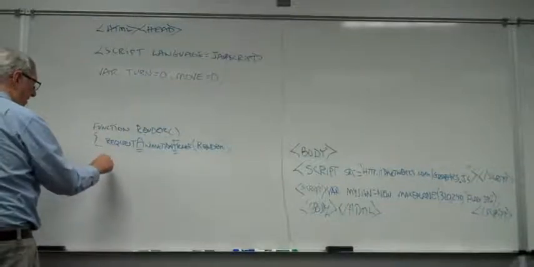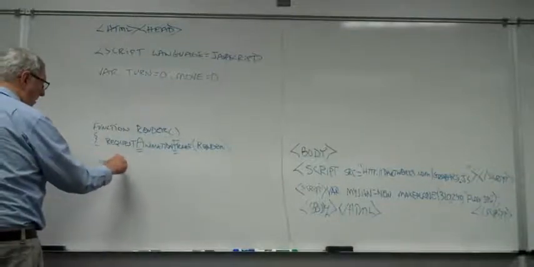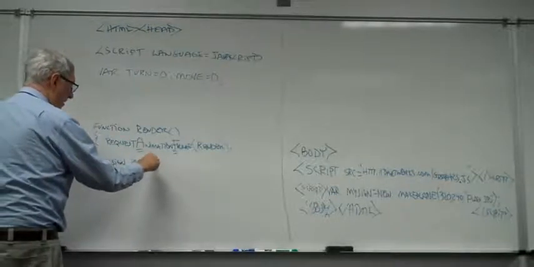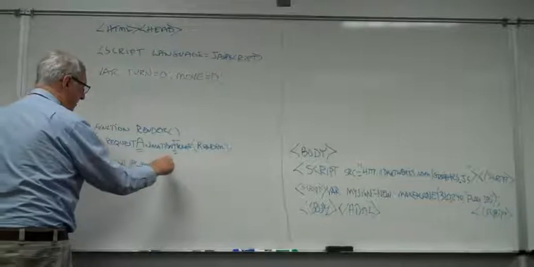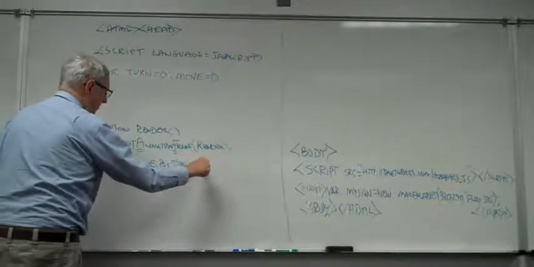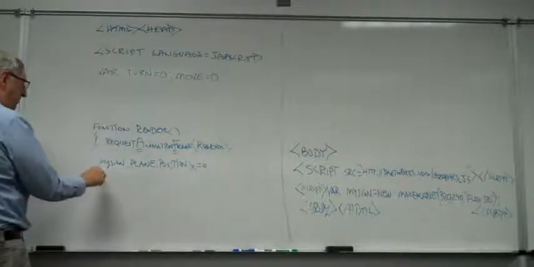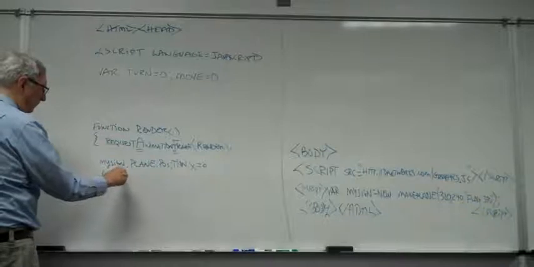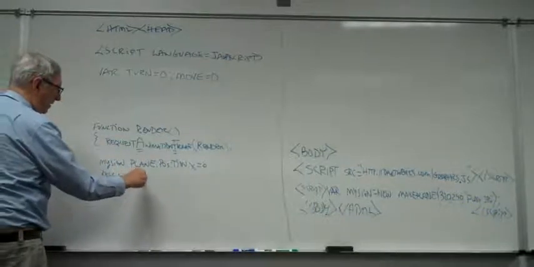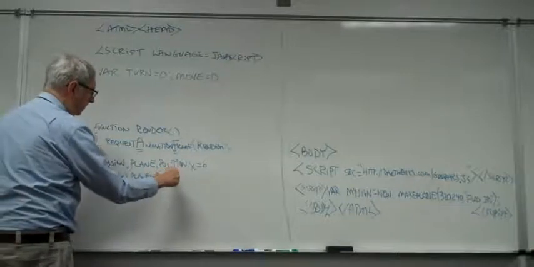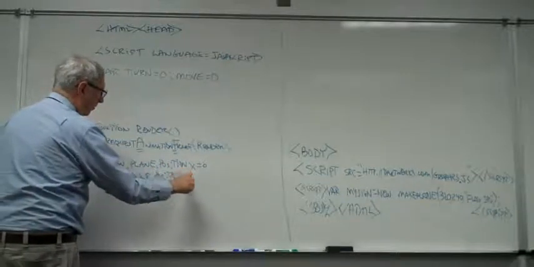So therefore, you'd have this. You'd have my sign dot plane dot position dot x equals 0. And you have the same thing for y. Plane dot position dot y equals 0.